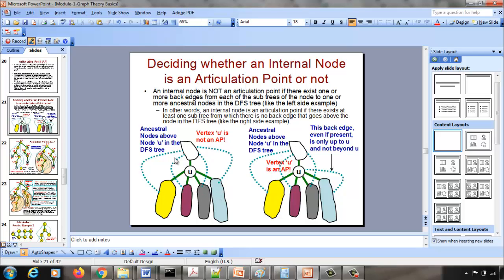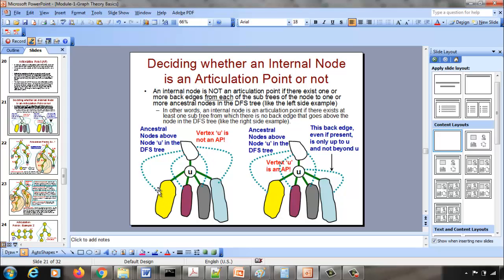Now in this figure you see from these subtrees you have a back edge coming out and going to a vertex above U. Okay, so from each of these subtrees you have one back edge going above U. So if you look at this, if I now remove U and all the edges incident on U, say all these tree edges, now the rest of the vertices are still going to be connected because of these back edges.